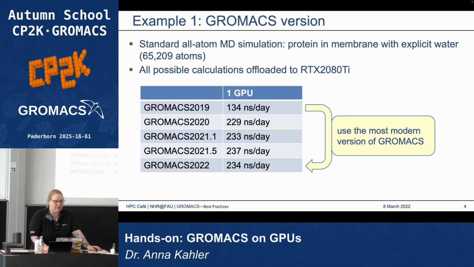There were probably still a few bugs in there, so the increase in performance here is not as incredible, but it changed with the further patches. What I can show you here is that the newer GROMACS versions by themselves increase performance already, without tuning any parameters on the command line. It's just the version of GROMACS.